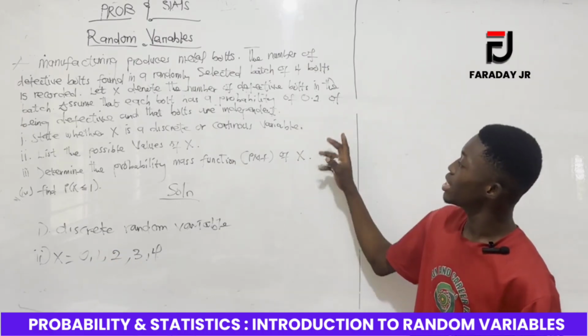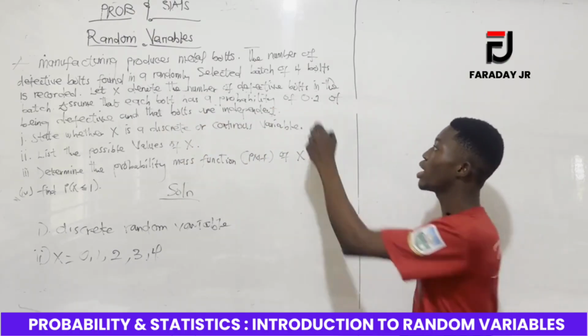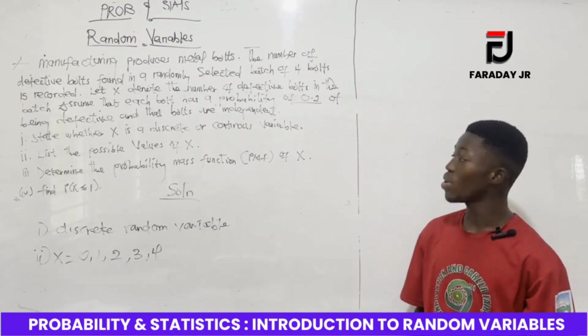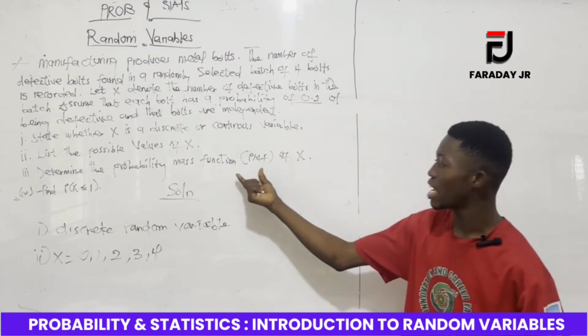The question told us that the probability that a bolt is defective is 0.2, so we have to take note of this 0.2. They are telling us to determine the probability mass function.